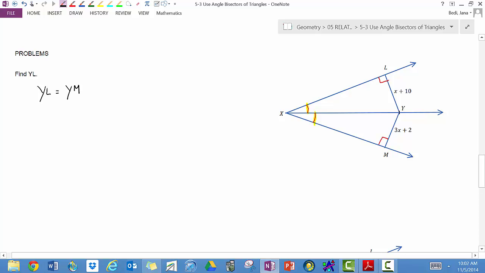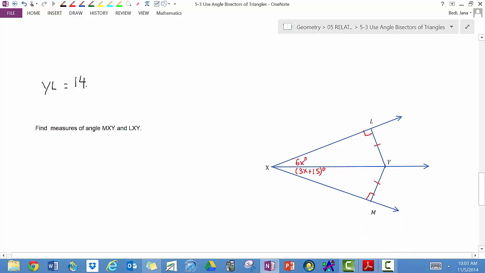So if you go ahead and work that problem out, I'm going to leave room here, you'll see that YL equals 14. So go ahead and finish that problem and check your answer.